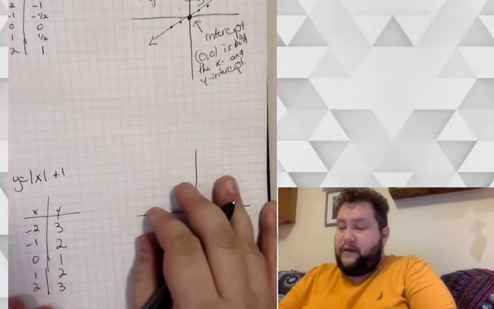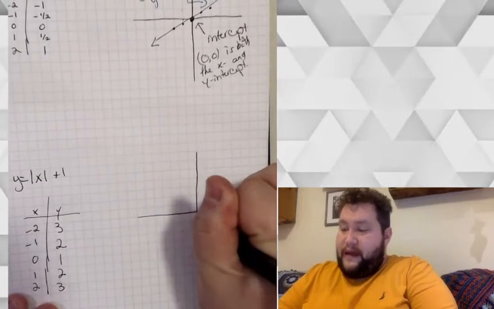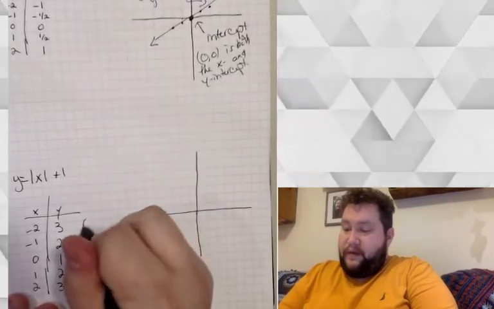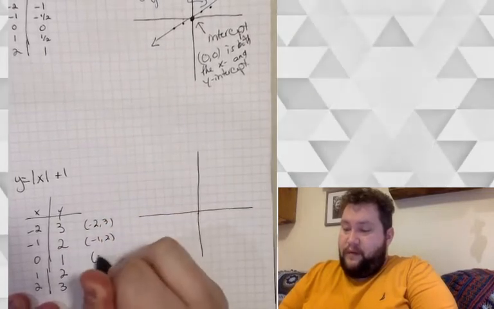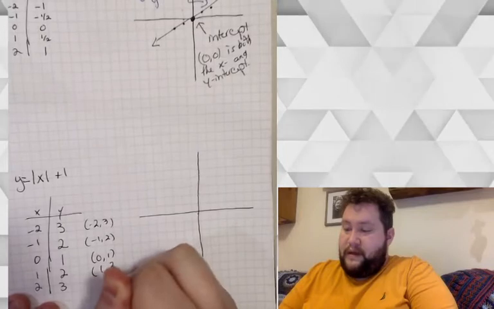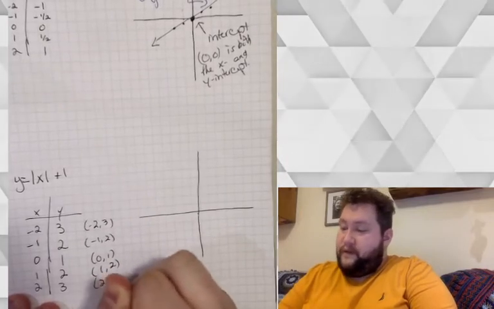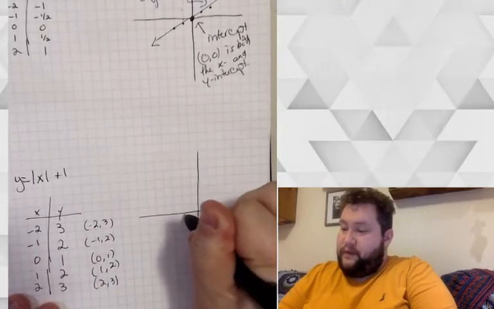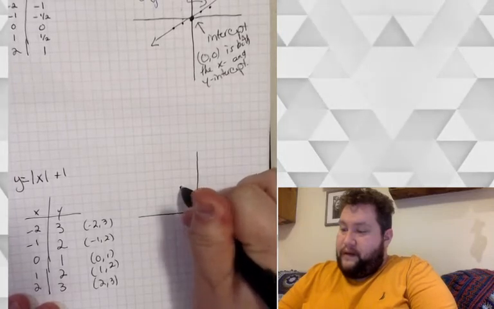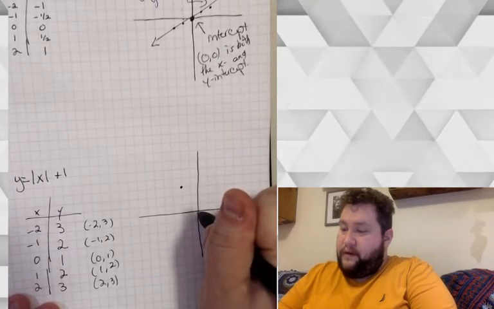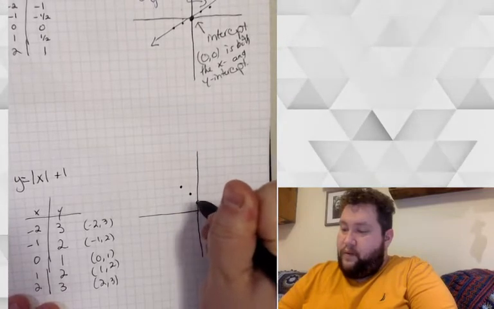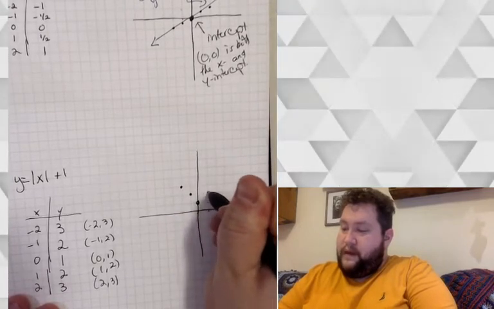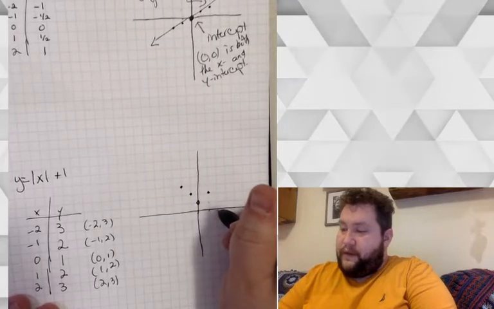And so notice here now that we have our points -2, 3, -1, 2, 0, 1, 1, 2, and 2, 3.